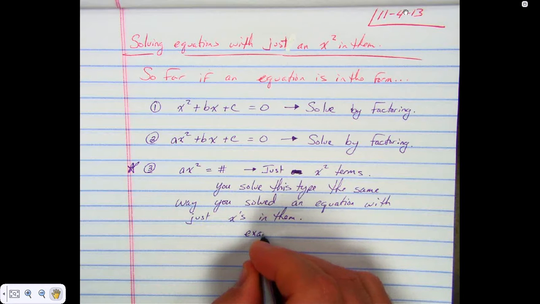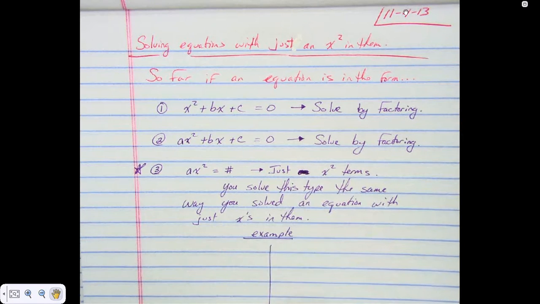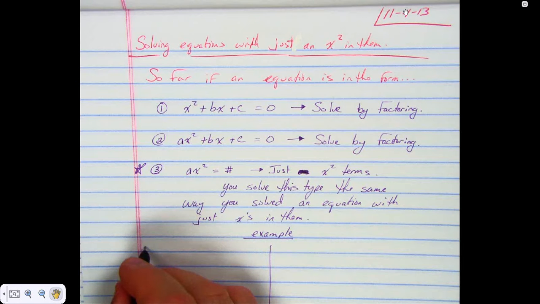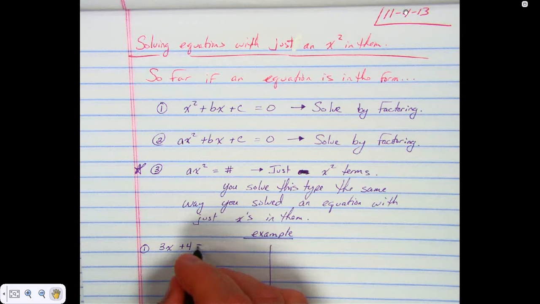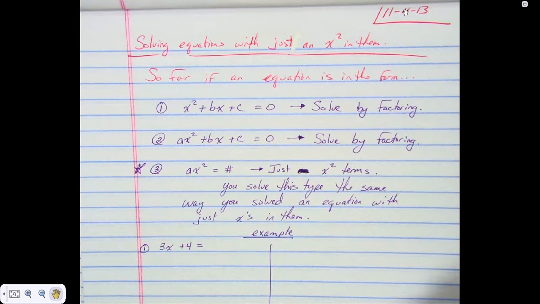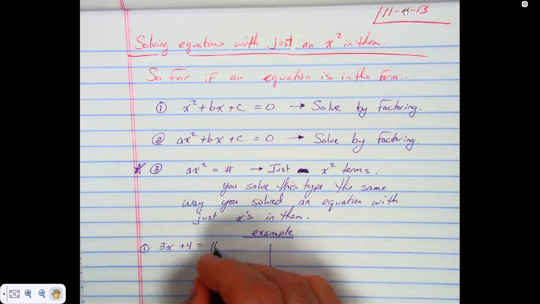Example. You're going to put these side by side. Example 1: 3x plus 4 is equal to 16.